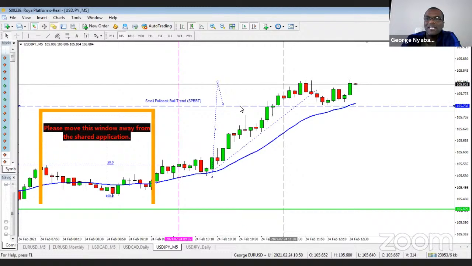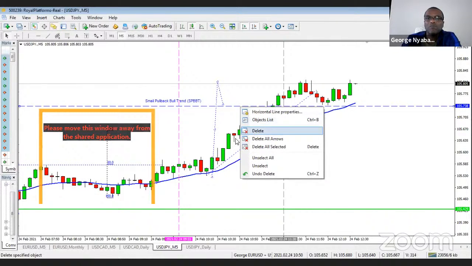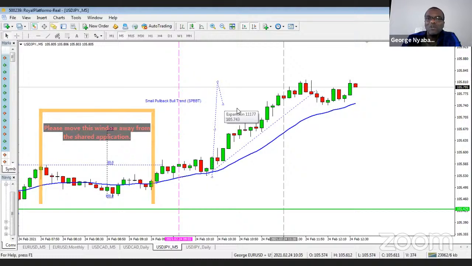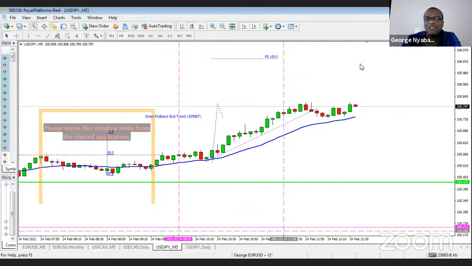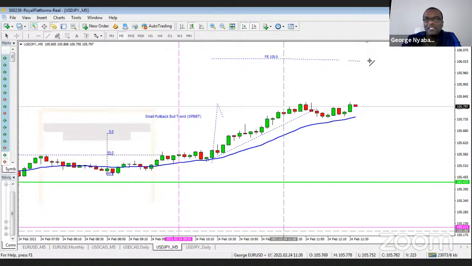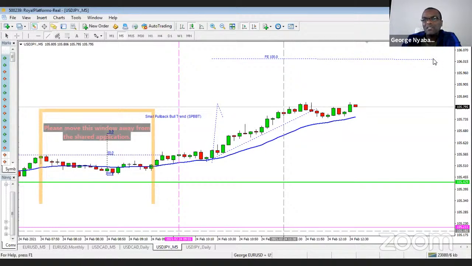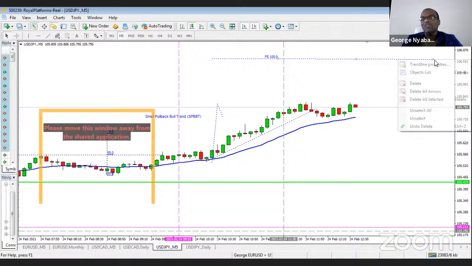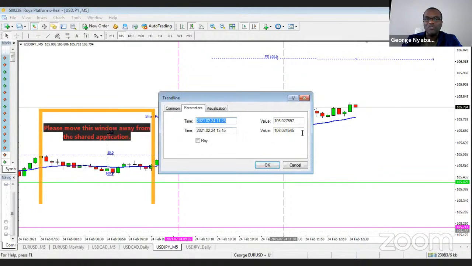So once I have that, leg one, pullback, leg two, I want to see where leg two is. So the potential, and that's a key word here, nothing's ever 100%. At best, with price action, when you have the setup that you like to trade, I always like to think of 60% at best.